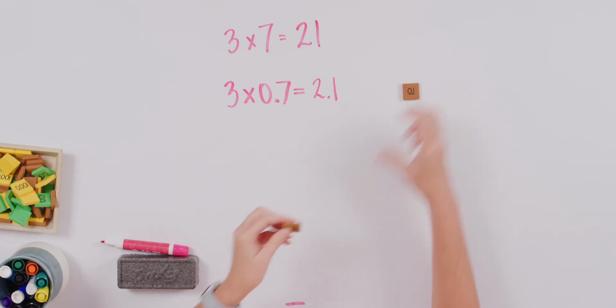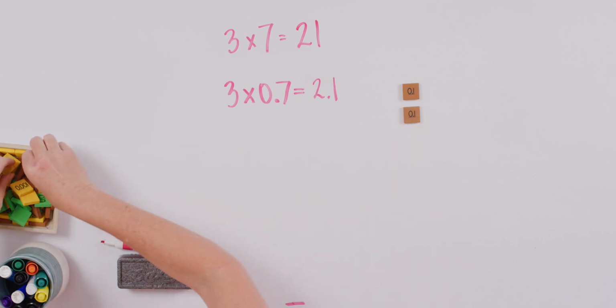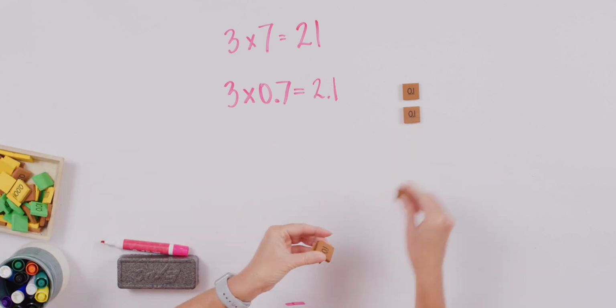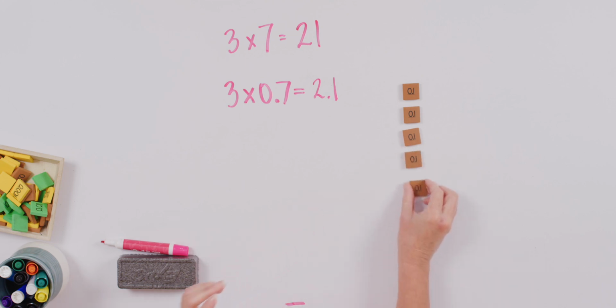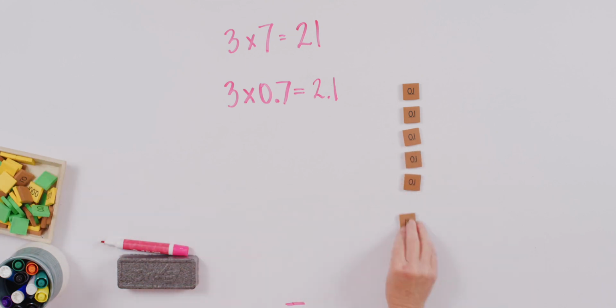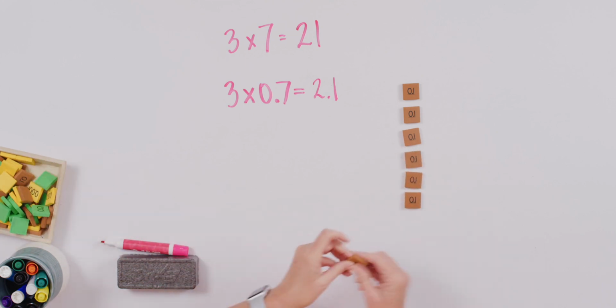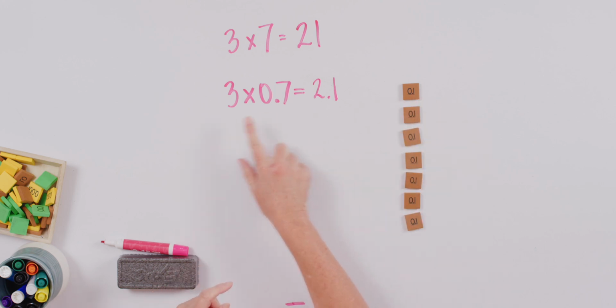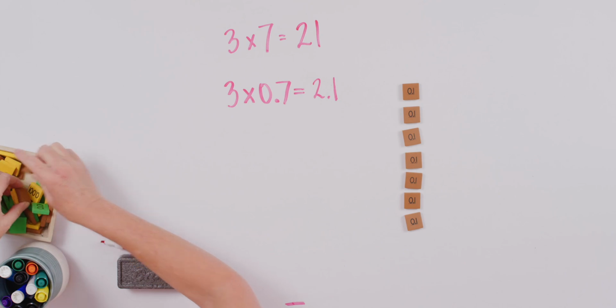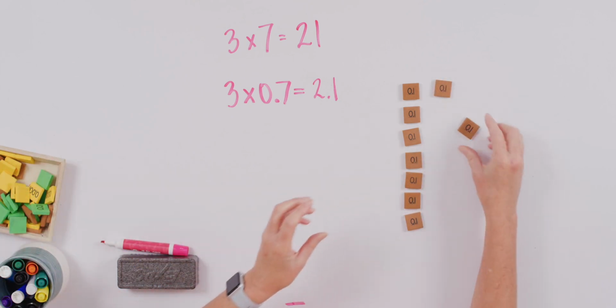Okay, so if I were to show you my 1, 2, 3, 4, 5, 6, and 7, right? But I want 3 groups of them, right? 3 groups. Let's do this.